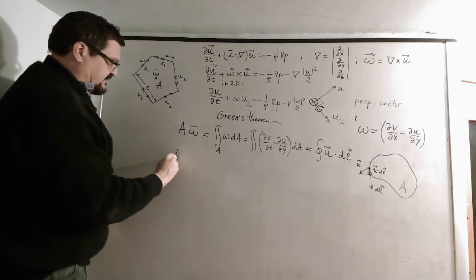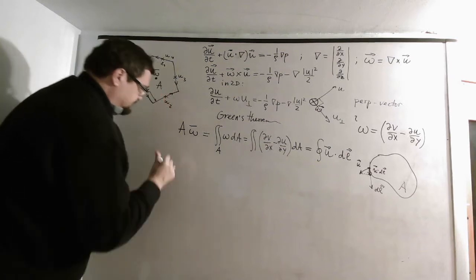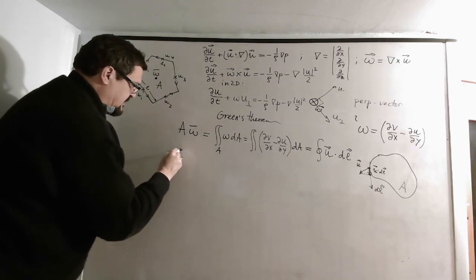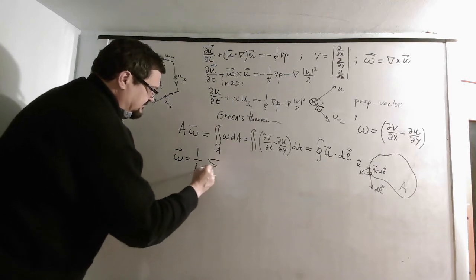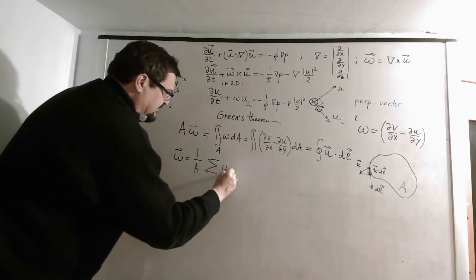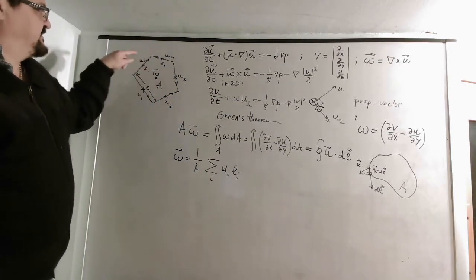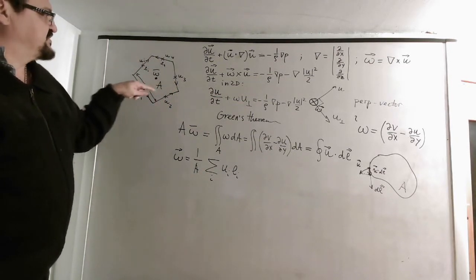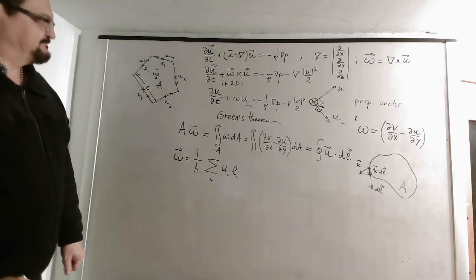Then we can write that omega equals 1 over the area, the sum over all i of u_i L_i, over these sides or edges of this polygon which is surrounding this omega.